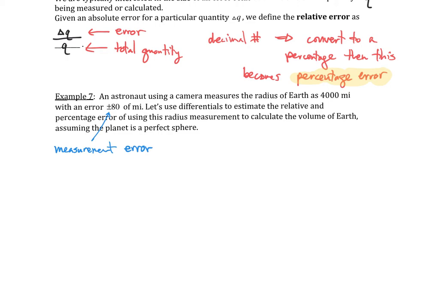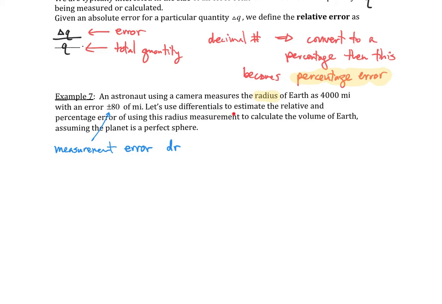Now I need to give that measurement error a name, and I'm going to call it dr. dr is a differential, and I call it r because we're trying to measure the radius. So I think r is a natural choice.